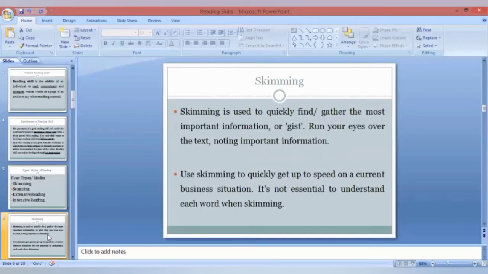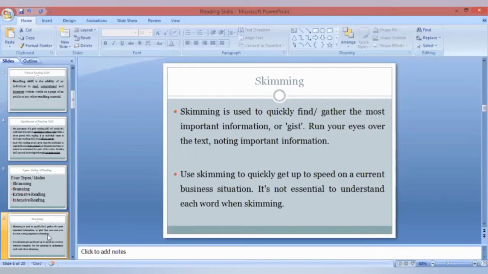And skimming is used to quickly get up to speed on a current business situation. Business situation here means any type of official situation where you are given a written text, for example a letter, a report, a survey, or any type of written document to read.